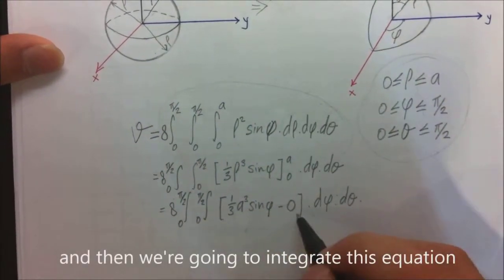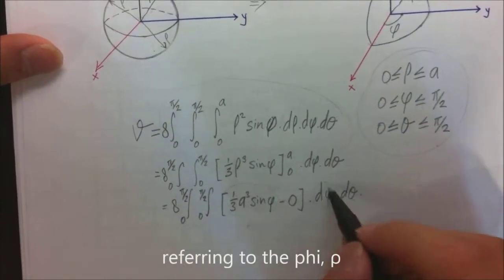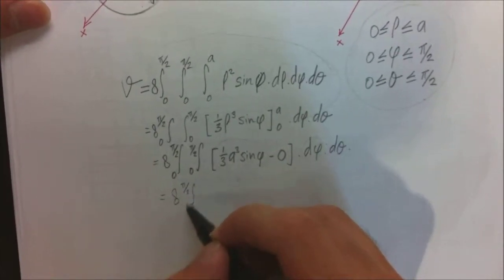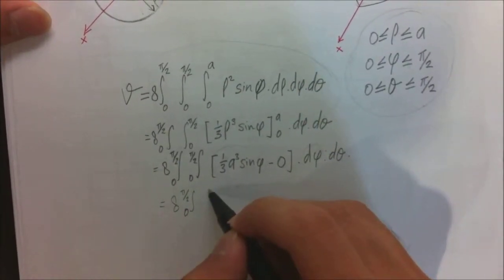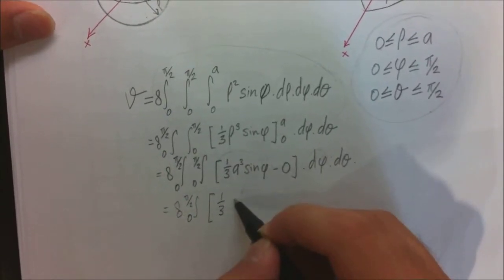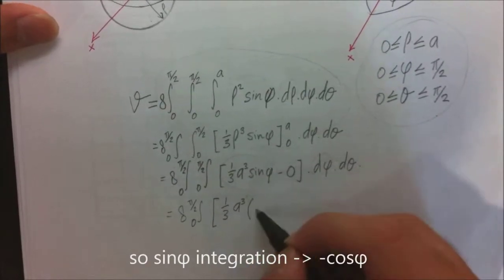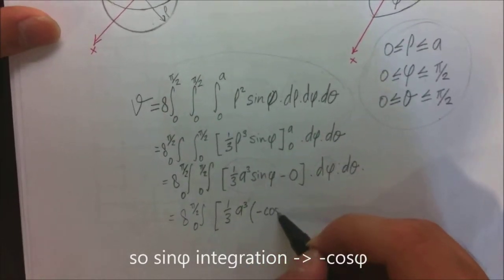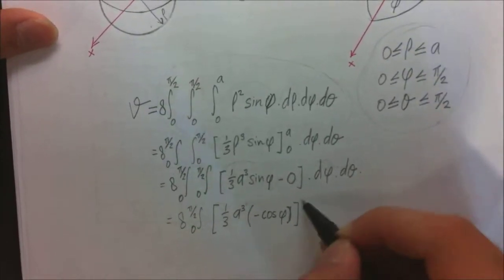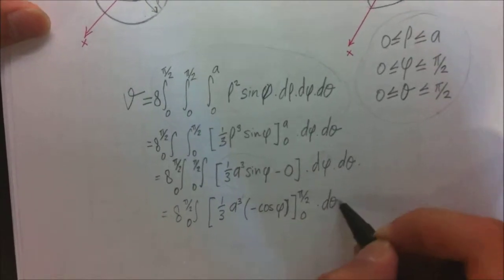And then we're going to integrate this equation referring to phi. One over 3, A to the power of 3. The integration of sin phi is minus cos phi. The limit is pi over 2, 0, d theta.